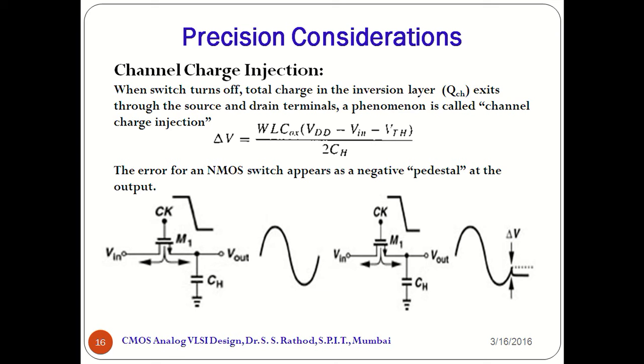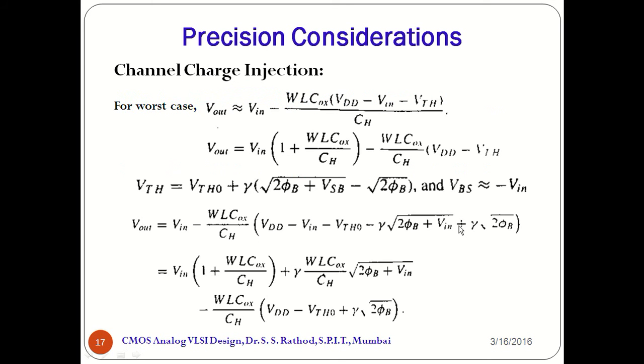So this half of the charges which goes towards the output side will produce an output voltage delta V. This voltage is nothing but an error voltage, which you can see from the right hand side figure. So this error for an NMOS switch appears as a negative pedestal at the output.